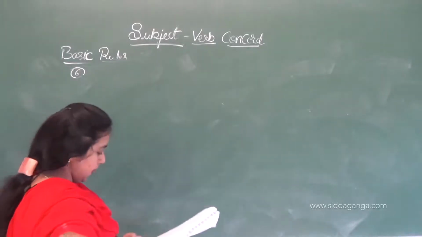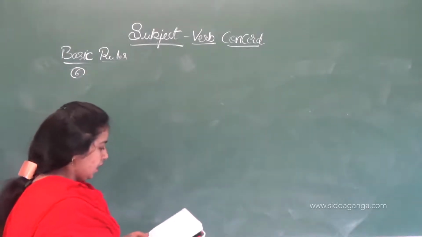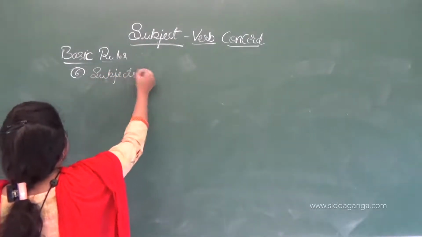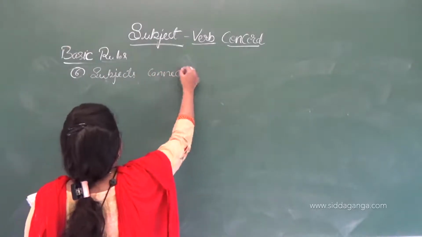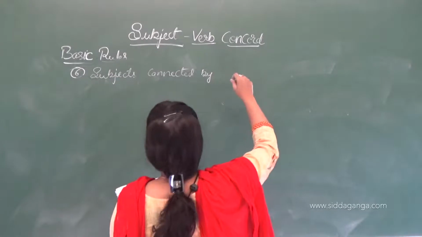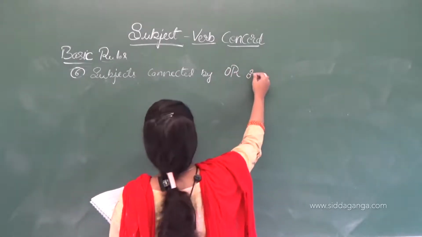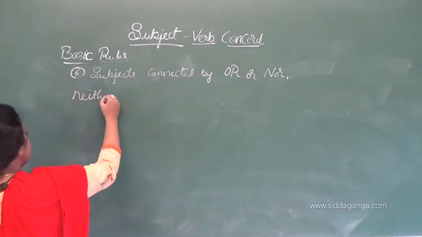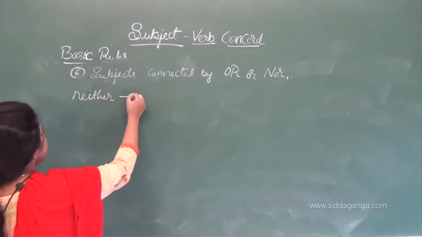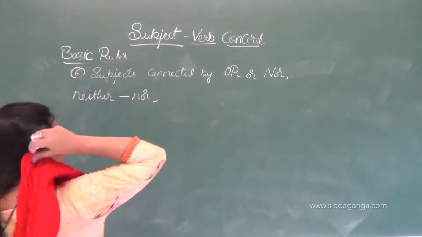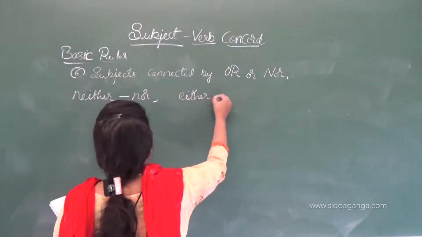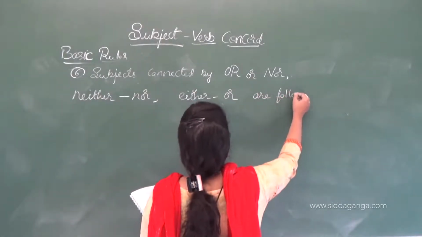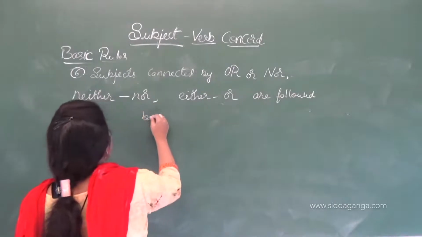Okay, next one. Subjects connected by or, nor, neither nor, either or, are followed by a singular verb.